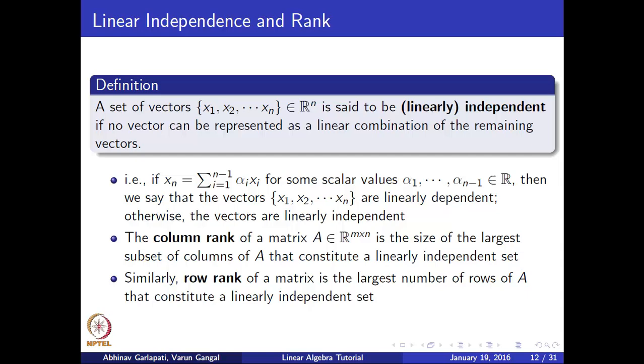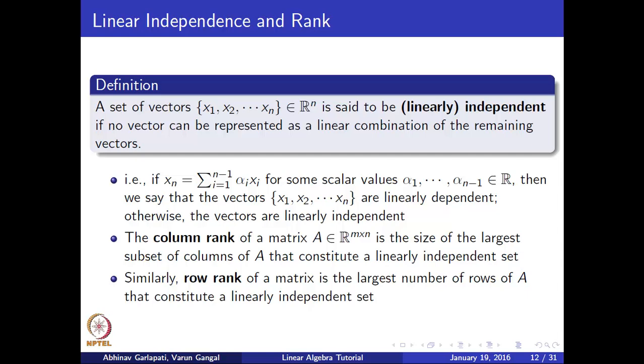Before we dive into defining linear independence, recollect how we defined a linear combination. A set of vectors is linearly independent if no vector in the set can be produced using a linear combination of the other vectors in the set. Now, let's have a look at the related concept of rank.